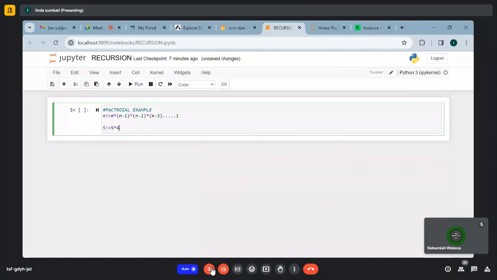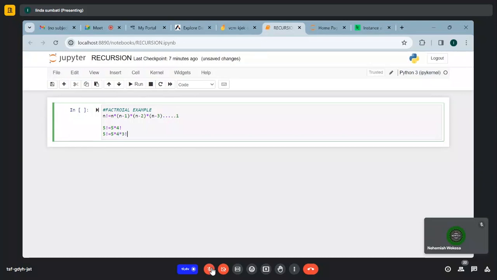But you can write it as 5 times 4 factorial. Then you can write the same thing as 5 times 4 times 3 factorial, like it's narrowing down.